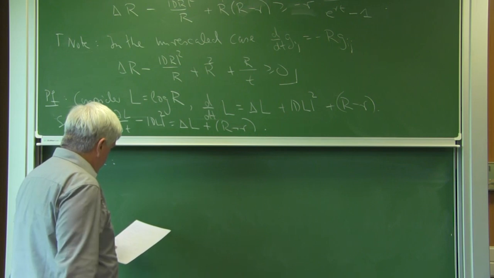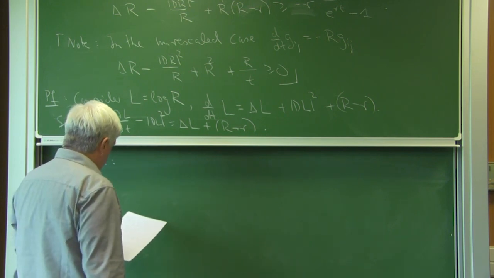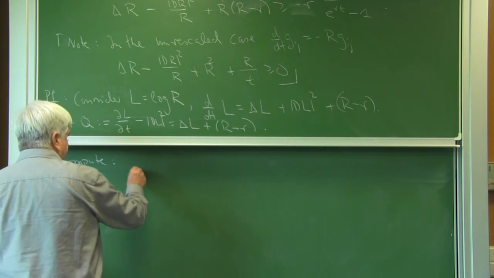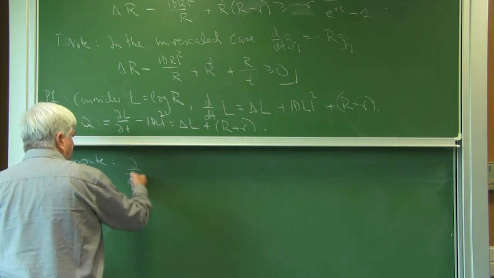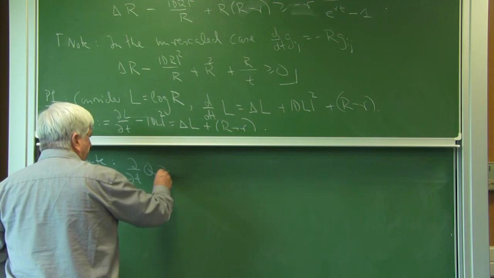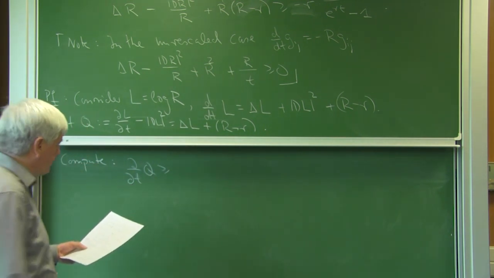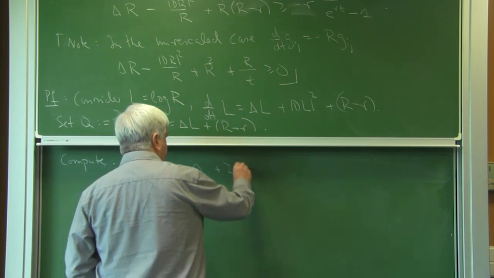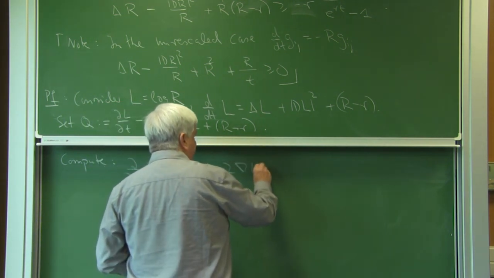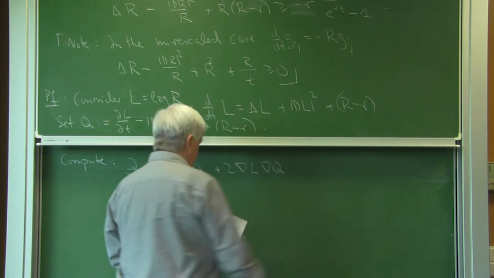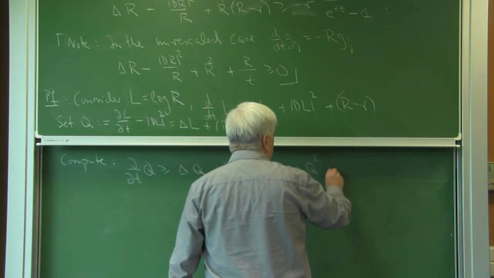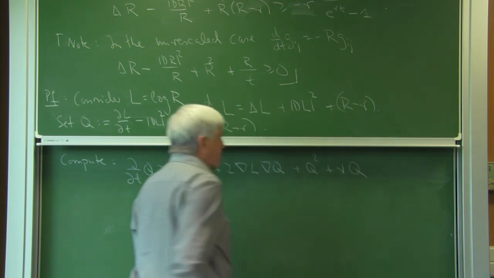But if you combine everything, you end up with d/dt of q can be again bounded from below by Laplace q, same quantity as before, plus 2 times gradient L times gradient q, just as before. And then you get plus q squared and r times q.